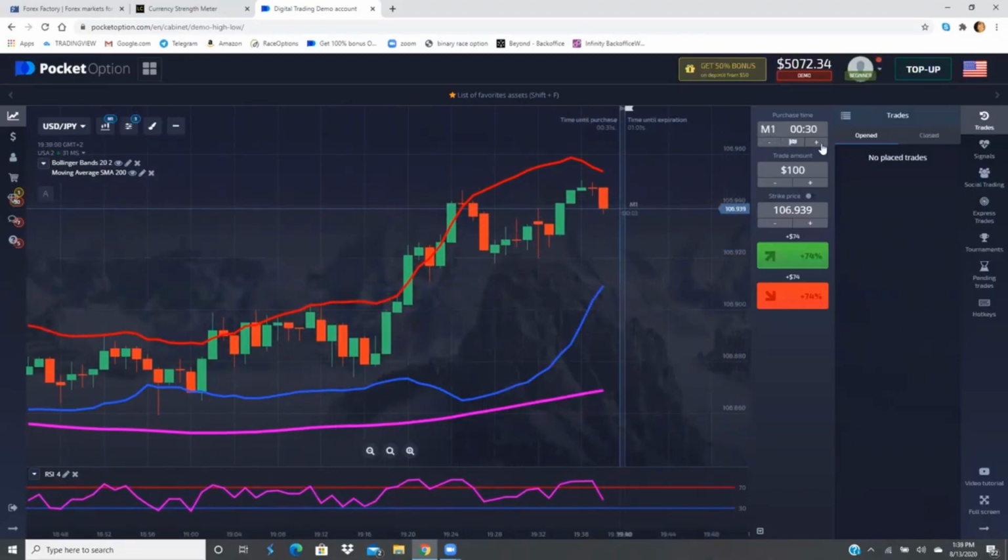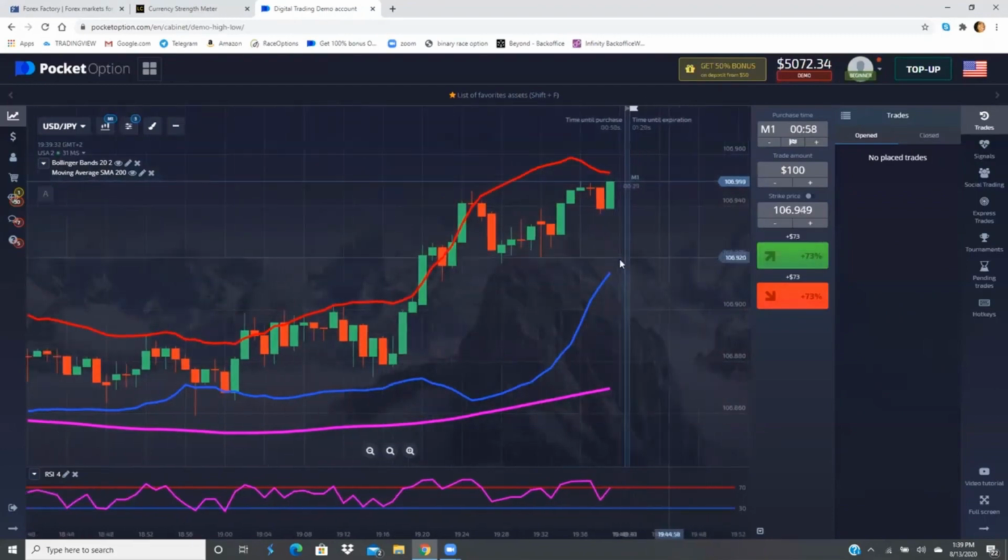I can change that to 2 minutes, 3 minutes, 4, 5 minutes, and so on, but I'm going to put it back down to 1 minute because we're doing a video. Over here is the buy button and the sell button. In this trade for USD JPY, right now the payout is at 73%. That means whether I bought or sold, I would be getting back 73%.